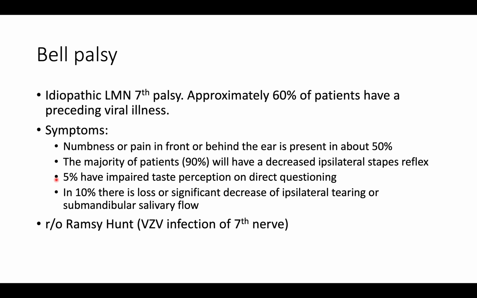This is all the function of the 7th cranial nerve, so you will not forget it, because you know the function of the 7th cranial nerve. You have to rule out Ramsay Hunt, which is the infection by varicella zoster virus of the 7th cranial nerve. Okay, this is Bell's palsy.